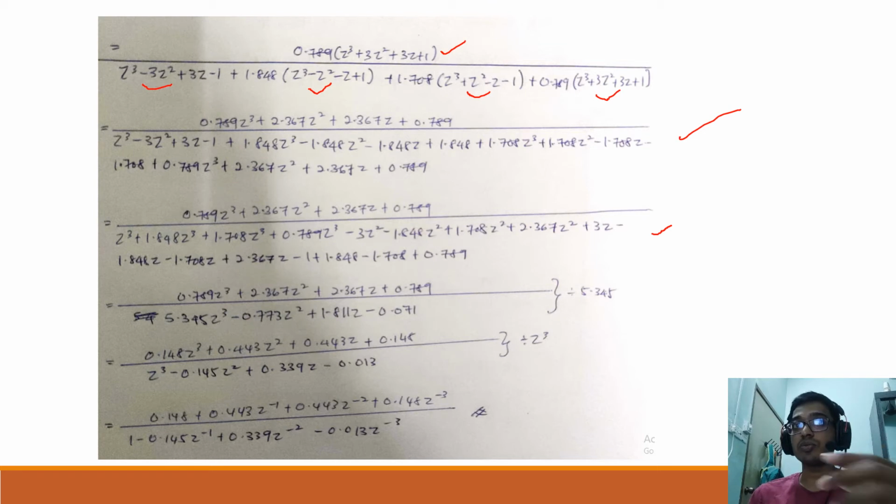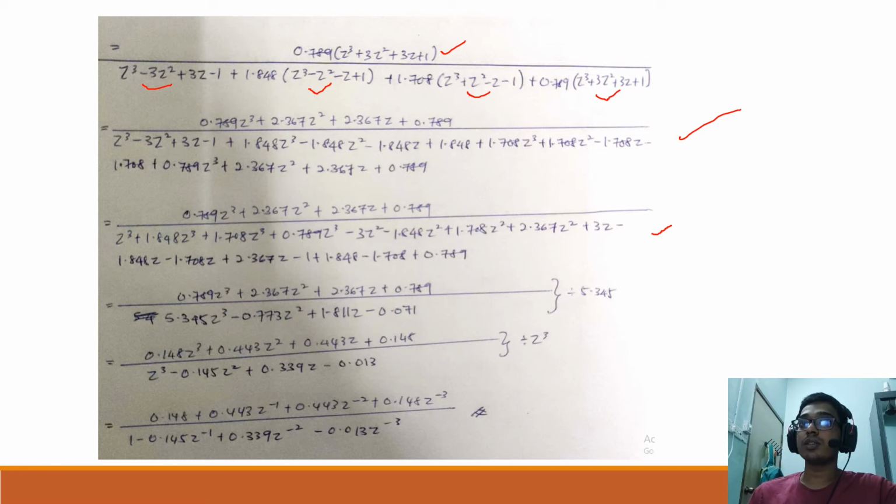So after getting the value, which is 0.789z power of 3 plus 2.637z power of 2 plus 2.367z plus 0.789, divided by 5.345z power of 3 minus 0.773z power of 2 plus 1.881z minus 0.071.